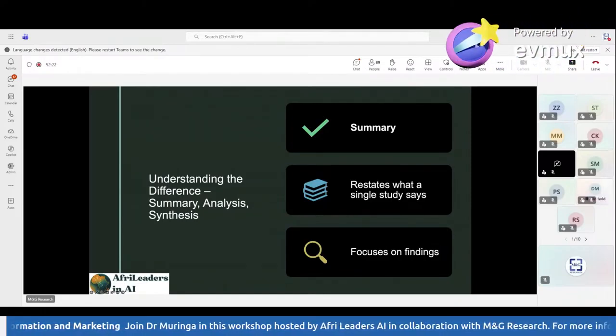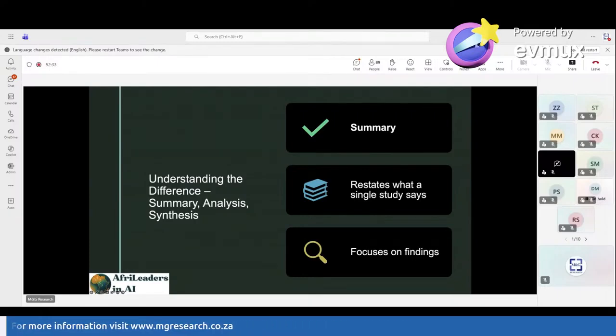Those are three different things that are often misconstrued by master's and PhD students when they're writing their literature review.